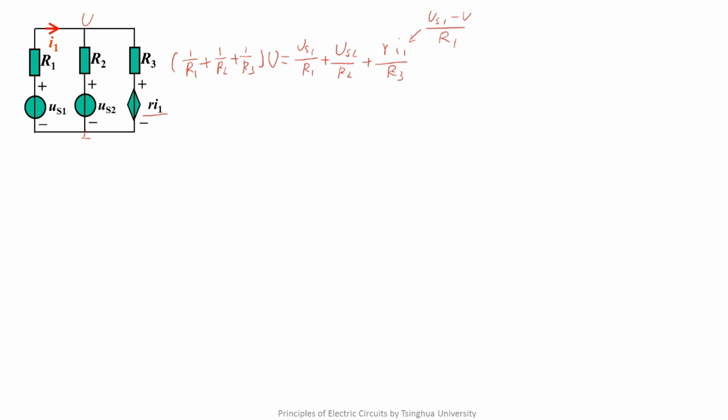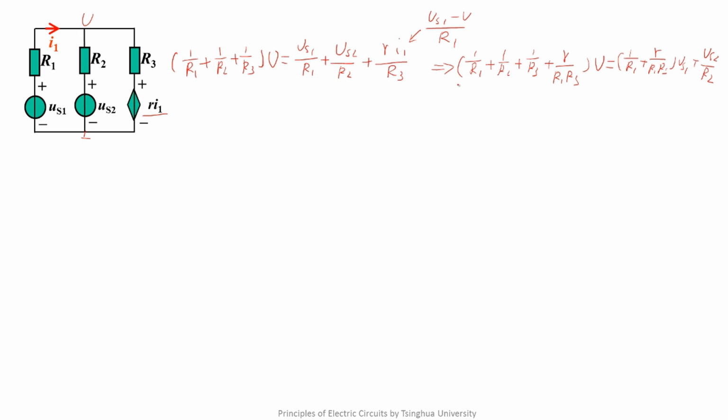By replacing I1 with the expression and putting the equation in order, we get that 1 over R1 plus 1 over R2 plus 1 over R3 plus R over R1 R3 times U equals 1 over R1 plus R over R1 R3 times US1 plus US2 over R2.